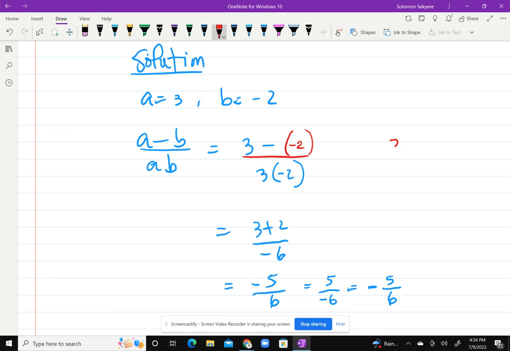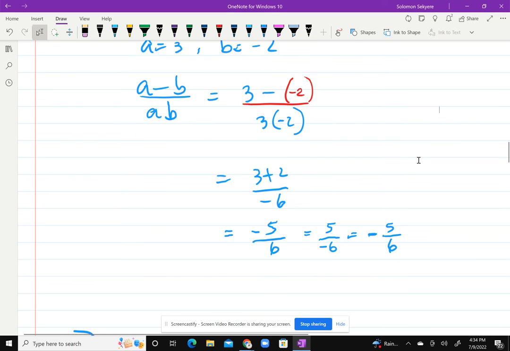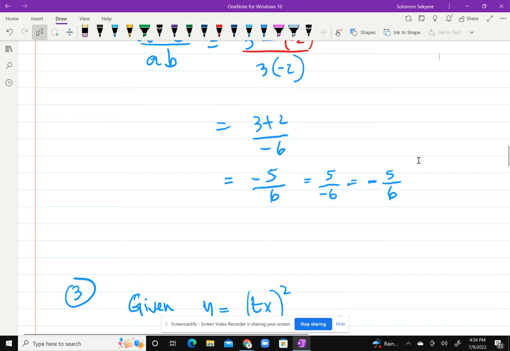Use parentheses as much as possible. Be careful you don't write 3 minus 2, because B is already negative 2, so it's minus negative 2. This is where a lot of students make mistakes. So 3 minus negative 2 is 3 plus 2, divided by negative 6, which is negative 5 over 6.